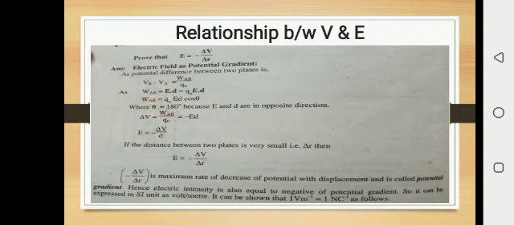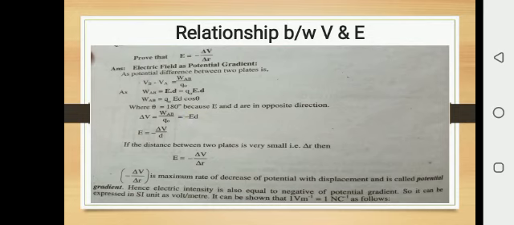By putting cos 180, delta V is equal to WAB over Q naught, which is equal to minus ED. Cos 180 is minus 1, so minus ED. Q naught on the other side comes in the denominator of WAB, so WAB over Q naught is equal to minus ED.